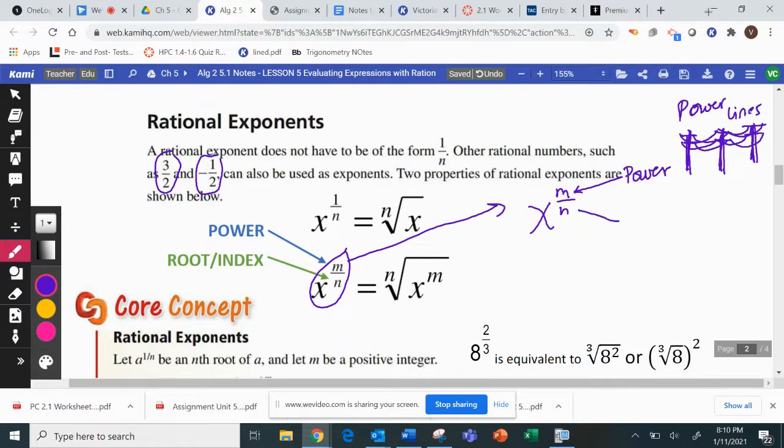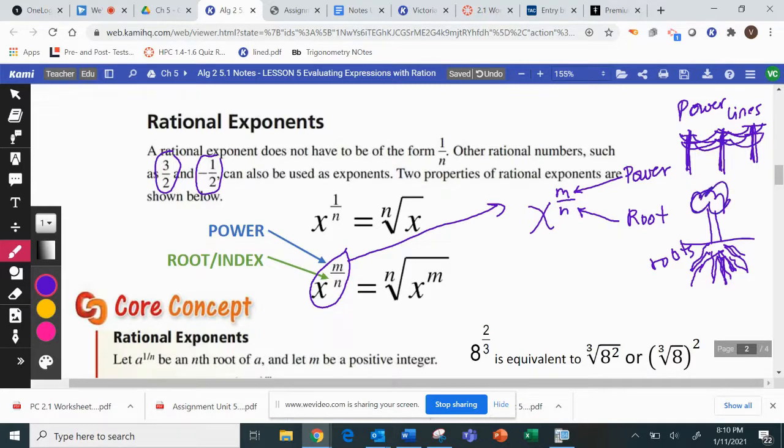And then the number on the bottom is the root, because roots grow in the ground. So roots go in the bottom. And that's how I've always remembered it.